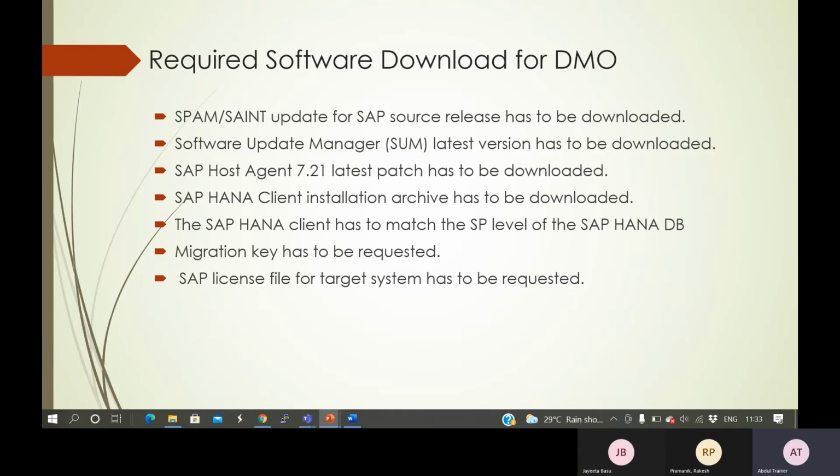If you are not going with the maintenance planner, for example, you are only going to change your HANA database, then you have to download the host agent and HANA clients yourself. For the HANA database, you require the migration key and the license as well. The SPAM/SAINT and the XML files are only required if you are including an upgrade in the HANA migration, otherwise they are not required.